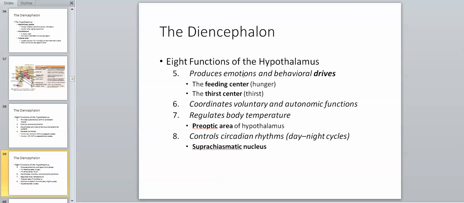And one of the major functions of it, as you probably remember when we go back to our first chapter and talking about homeostasis, where you have your receptor, your control center, and your effectors, and we talked about body temperature regulation. Well, the body temperature control center for that is in the hypothalamus. And it also has some involvement in circadian rhythms, regulating circadian rhythms through the suprachiasmatic nucleus.